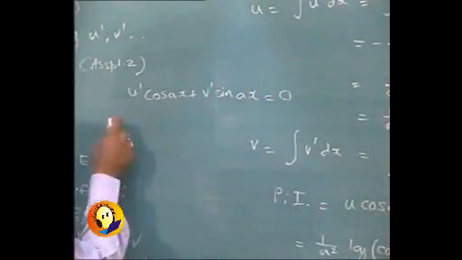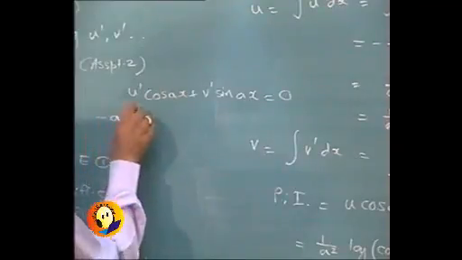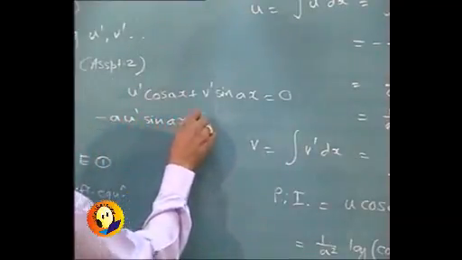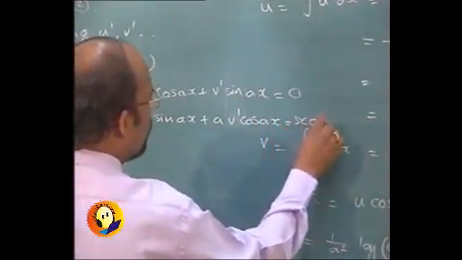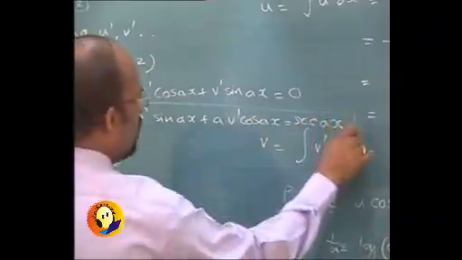And so the last equation will turn out to be minus au dash sin ax plus av dash cos ax equal to sec ax. That was our equation number 6.